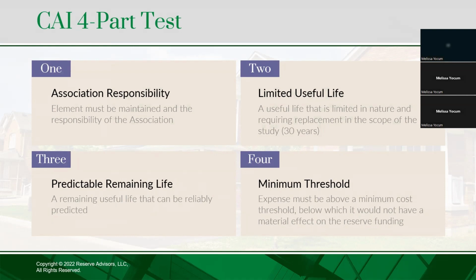So if it's a brand new community, we're going to look at things that have a useful life of 30 years or less. So something with a really long useful life, like maybe subsurface utility pipes, would typically be excluded because they're considered long-lived, meaning we don't anticipate you needing to fund for that project or perform that project during the duration of the reserve study.